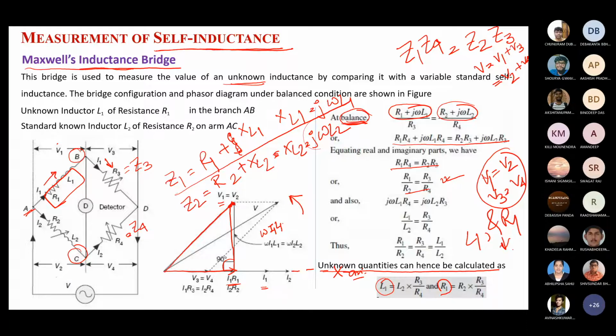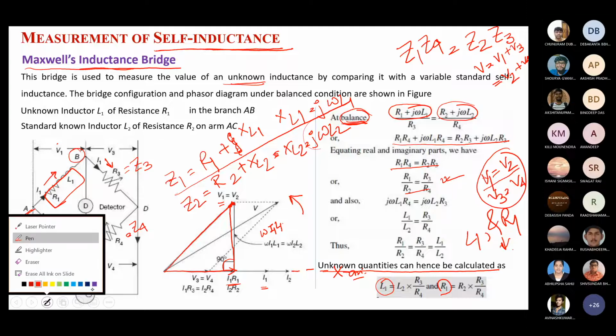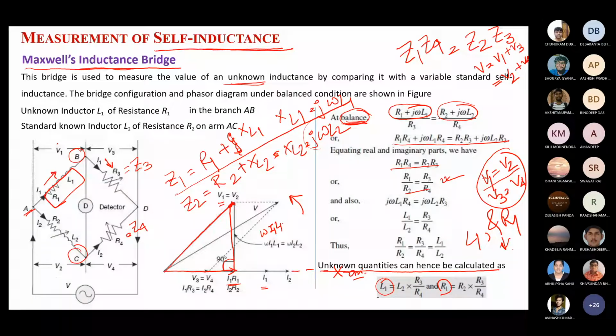Now you know that at equilibrium condition we have written V1 equal to V2. Here we have reached up to V1, and we know that V1 equals V2. If V1 equals V2, then what is the value of V2?